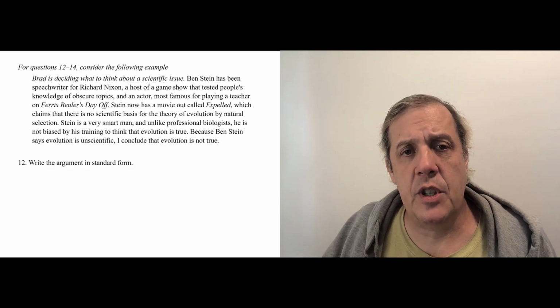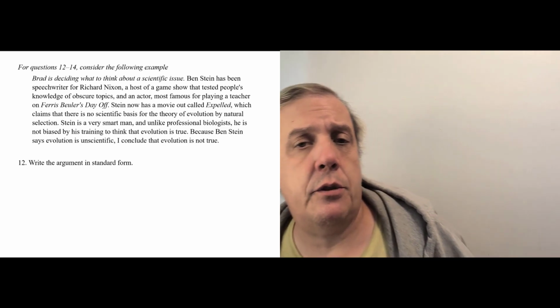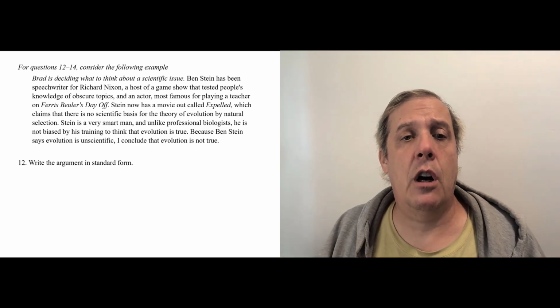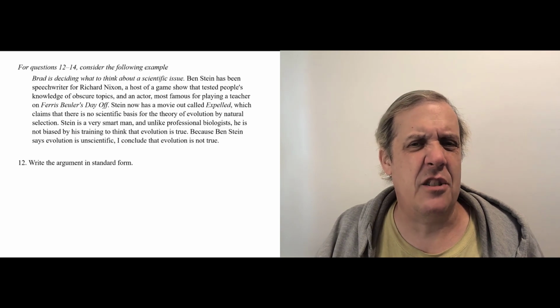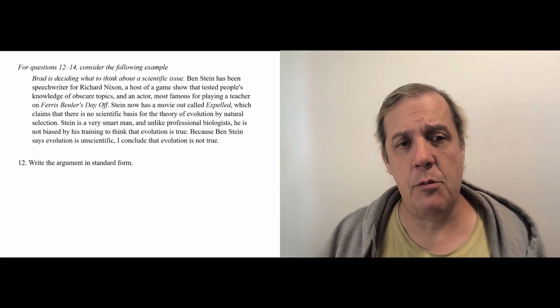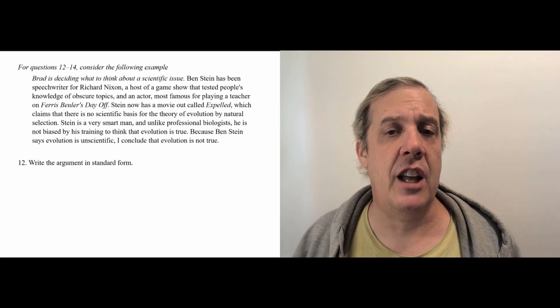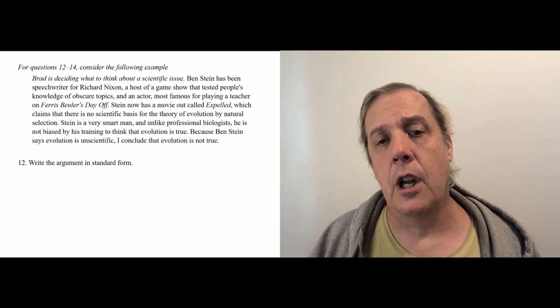So next up is an argument by authority, and then I've got 3 questions you need to answer about that. So we're imagining some guy, Brad, he's trying to understand a scientific issue. He thinks, oh, well, Ben Stein, speechwriter for Richard Nixon, host of a game show that tested people's knowledge on obscure topics, and an actor famous for playing a teacher in Ferris Bueller's Day Off.